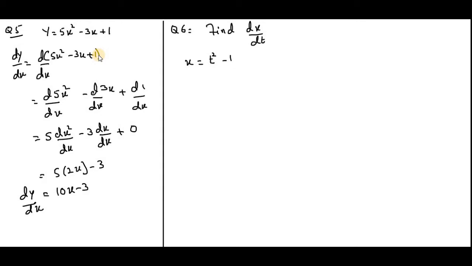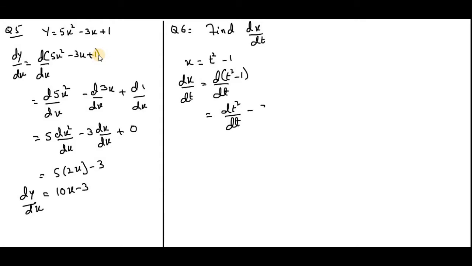Now question number 6, find dx by dt. Here the function x will be differentiated with respect to the variable t. So dx by dt is equal to d by dt of t square minus 1.